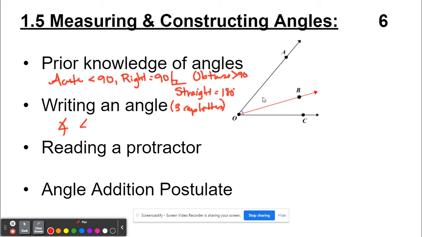If it was just 3 capital letters, someone might think we're talking about a plane, when we talked about that early on in this chapter. One way that I can help people remember it, because this is a little bit of a confusing concept, is to think about your hand.